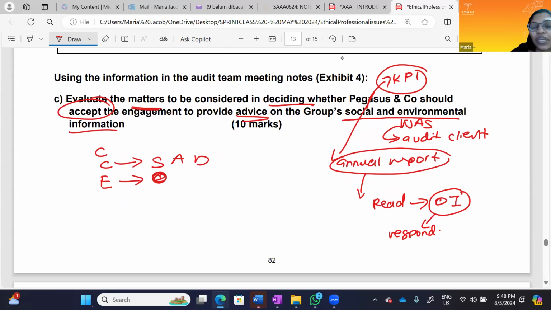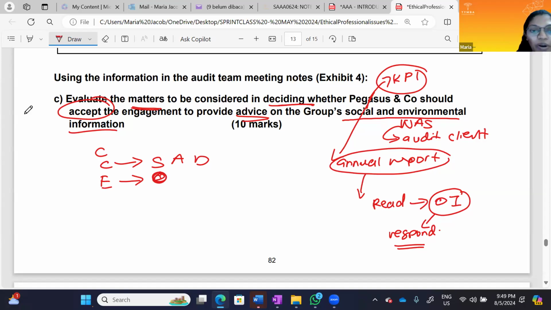Assuming I am the one advising them on the social and environmental information, there is a likelihood that I might not perform this responsibility in detail, because there's no point in reading other information when I'm the one who advised. So it might be a self-review threat, from this perspective.